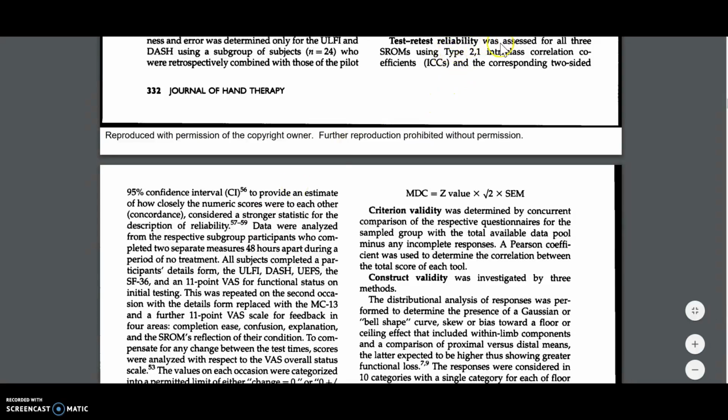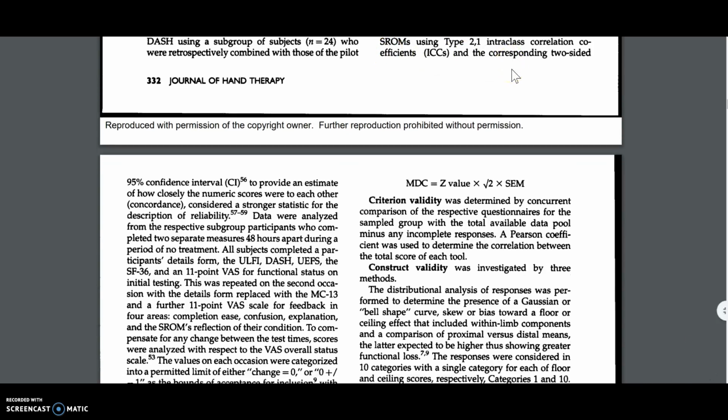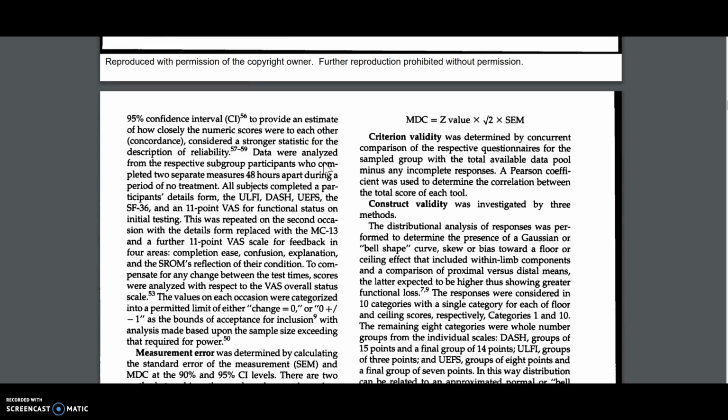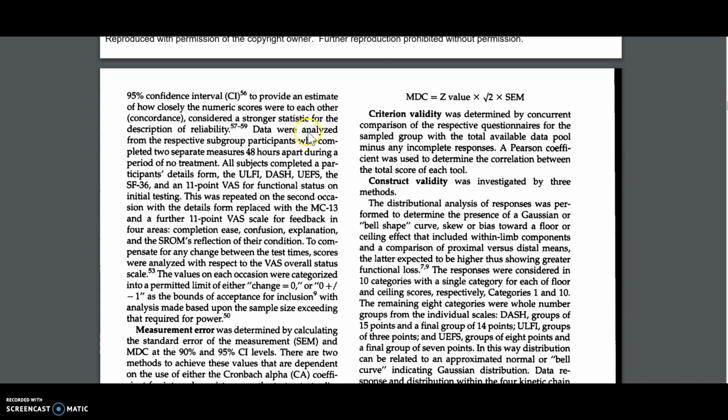So test retest reliability was assessed for all 3 SROMs using intra-class correlation coefficients and the corresponding two-sided 95% confidence interval to provide an estimate of how closely the numeric scores were to each other. Okay? Data was analyzed from the retrospective subgroup participants who completed 2 separate measures, 48 hours apart, during a period of no treatment.